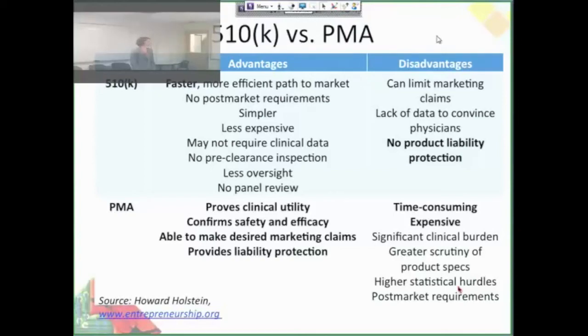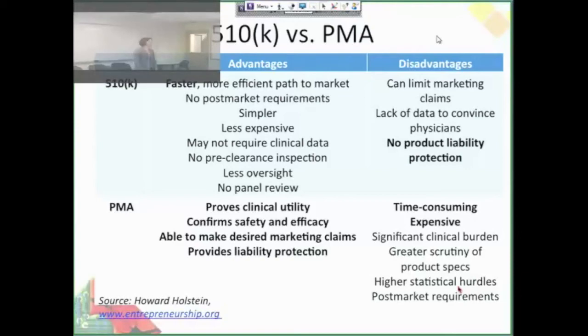And you have no data to convince physicians it's going to work because you weren't required to do those clinical trials. And you have no product liability protection. So God forbid something does go wrong on a massive scale, you will be sued. And you have no protection there.